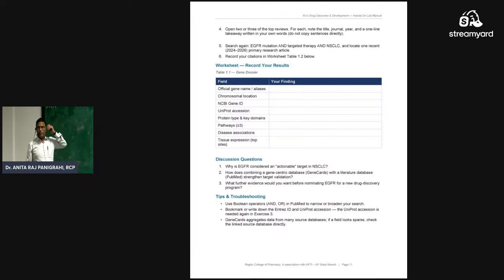Go to the website, madam, the PubMed database. And please remember that this entire thing is not prepared only by me, it is prepared by my research team. Sometimes they call, even yesterday I called, and they told me, actually you have to say this, you have to say this.